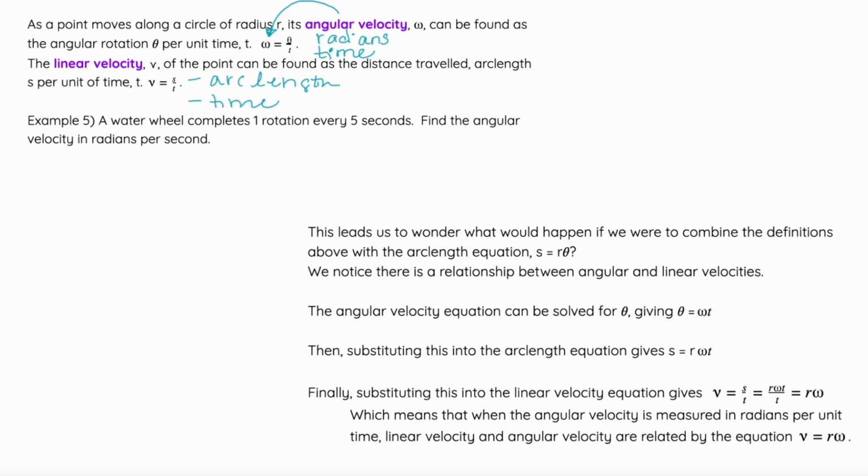In example 5, before we go to the next part here, a water wheel completes one rotation every 5 seconds. Find the angular velocity. It's telling us we need the angular velocity in rotations per second. I know that one rotation is equal to 2 pi radians, which they're able to do in 5 seconds.